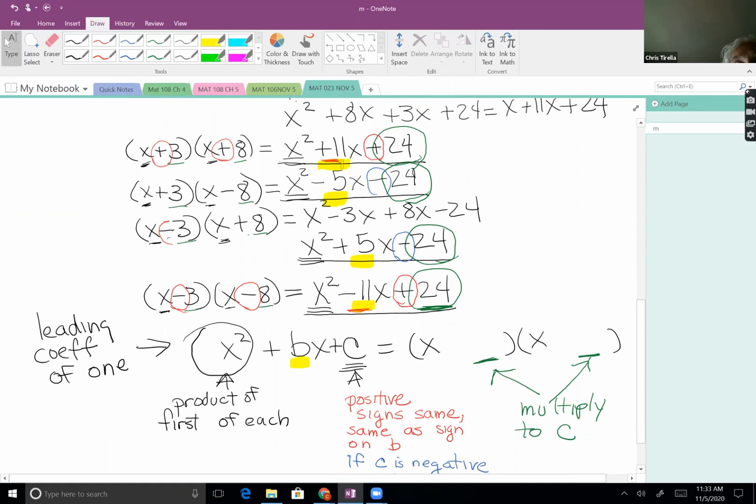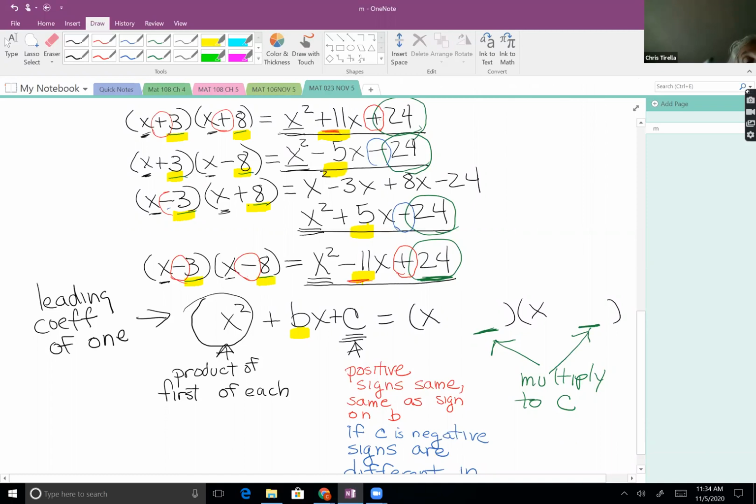Does everybody see that those middle terms are the sum of the two constants? 3 and 8 add to 11. +3 and -8 add to -5. -3 and +8 add to +5. And -3 and -8 add to -11.